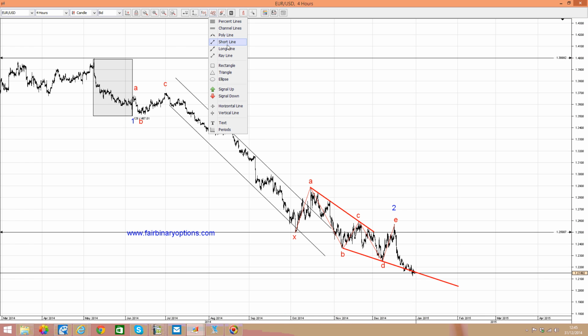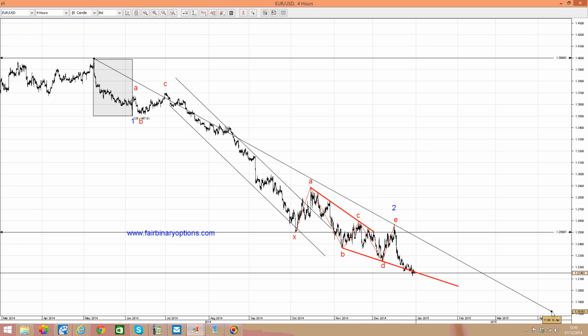Everything should happen now below the 0 to 2 trend line, as this should be an impulsive move to go to the 161.8 extension. In this scenario, Euro US dollar should travel to 1.1780 without breaking this line.